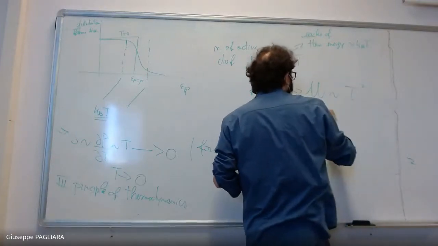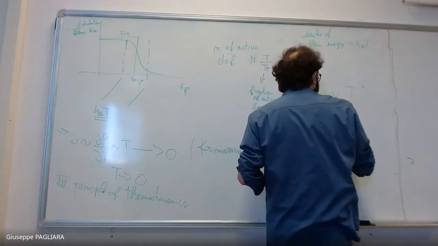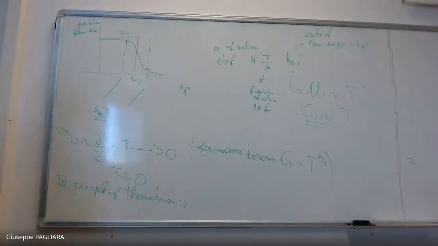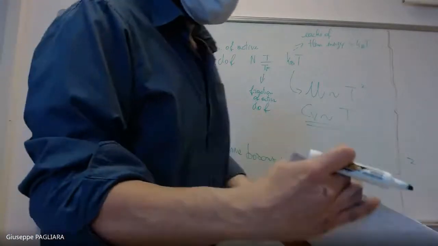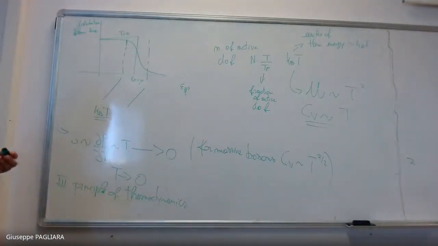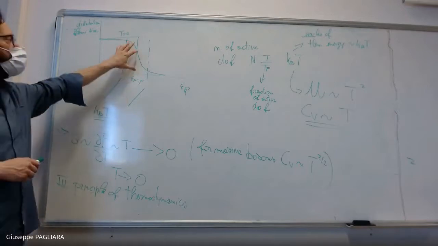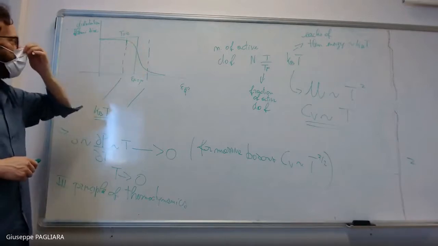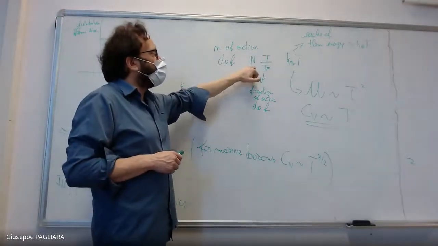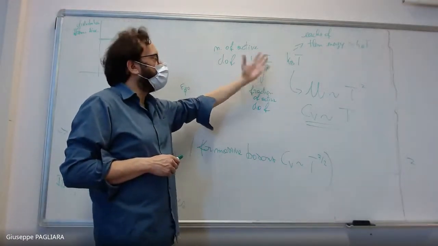And therefore the heat capacity will be proportional to T, because it is just the derivative. So one can infer the behavior of the heat capacity at small temperature also by making this kind of argument: counting the number of active degrees of freedom, which is the total number of particles times this fraction.